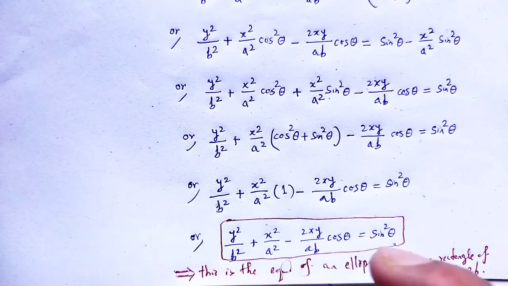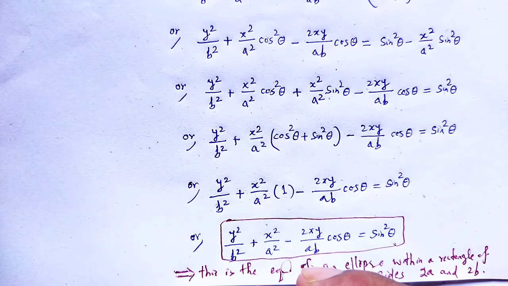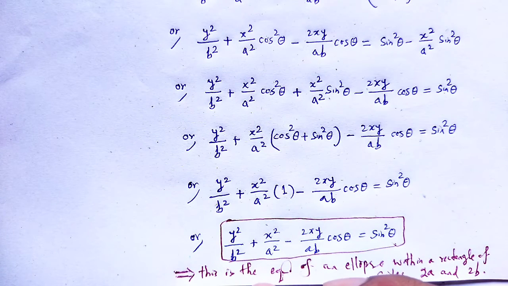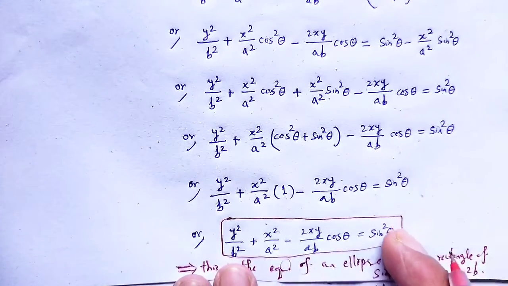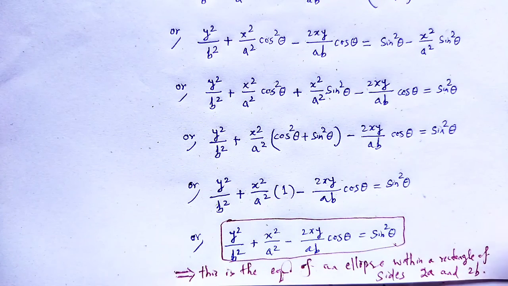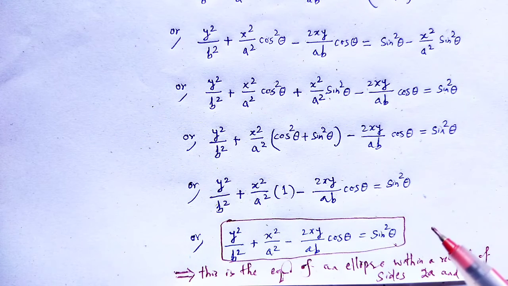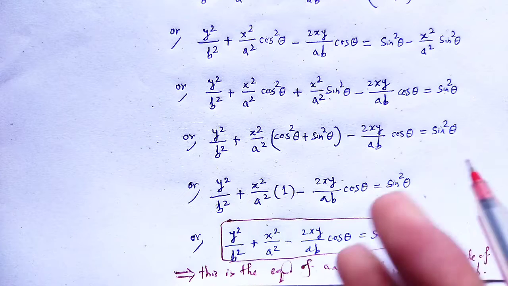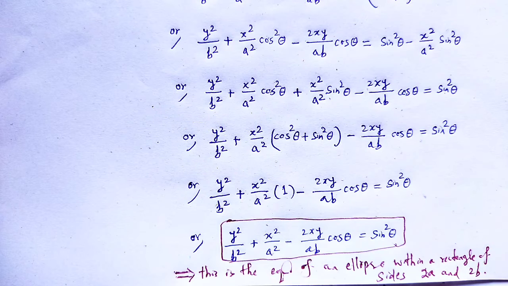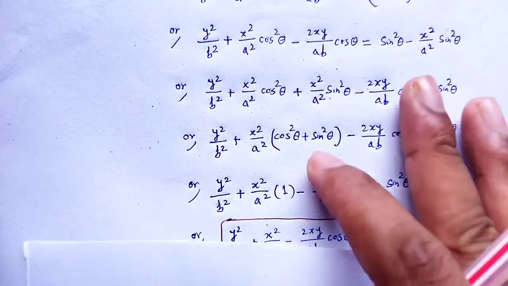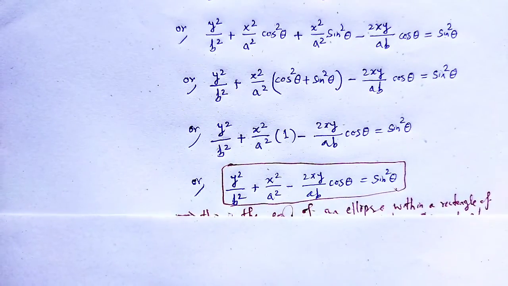Here the inclination or eccentricity of that ellipse depends on a and b and the phase difference theta. Now there are various special cases. If theta is 0 degree, theta is equal to pi by 4, pi by 2, 3 pi by 4, like this, what will be the Lissajous figure? Special cases one by one we have to discuss.